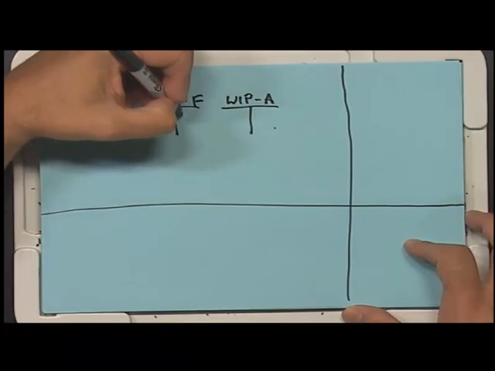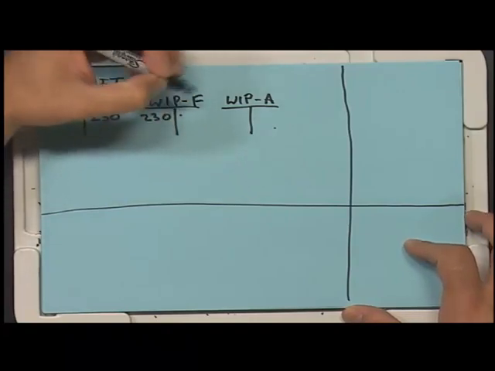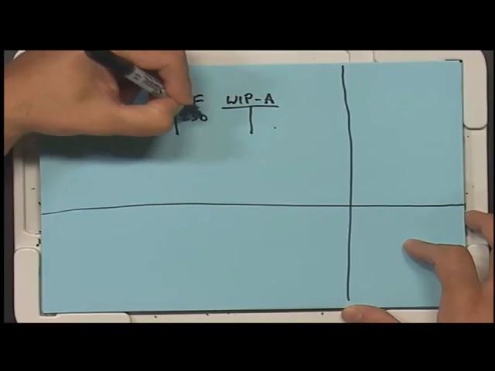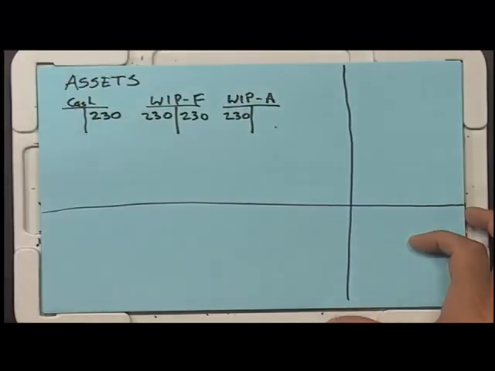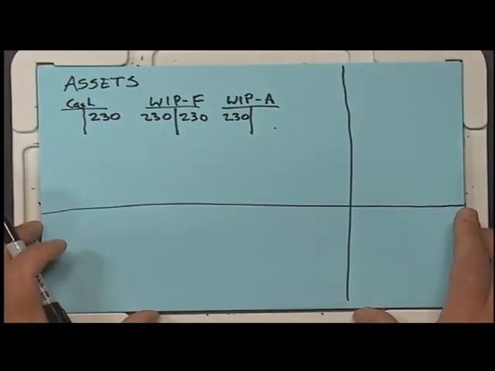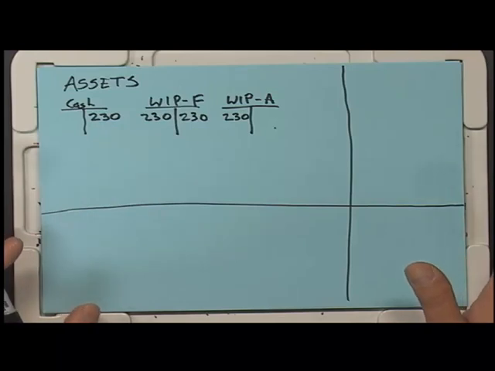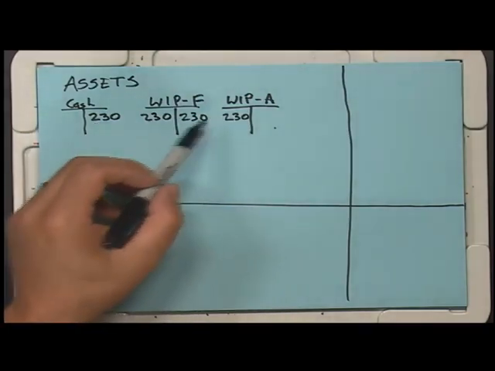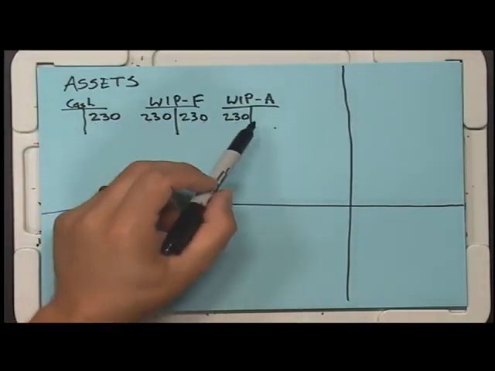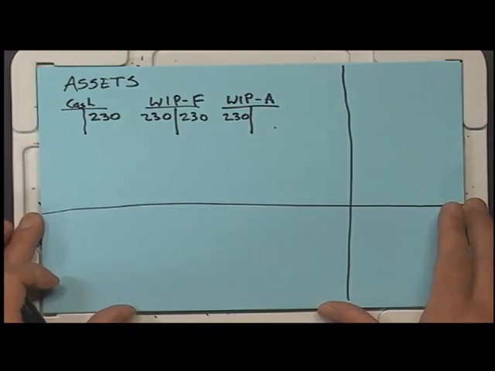We are going to credit the fabricating work in process for $230, and we're going to put that into work in process for the assembly department. And that sure seems like a very straightforward way of doing things. We have tracked the flow of our costs accurately because we spent $230 and effectively converted that asset, cash, into another asset, work in process in the assembly department.